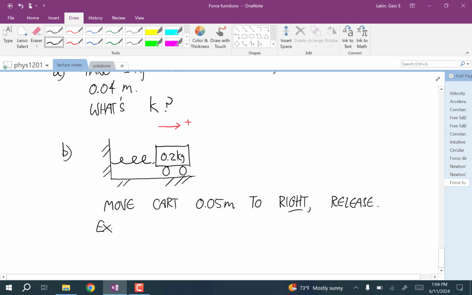And the question is, exactly at the moment of release, what's the acceleration of the cart?